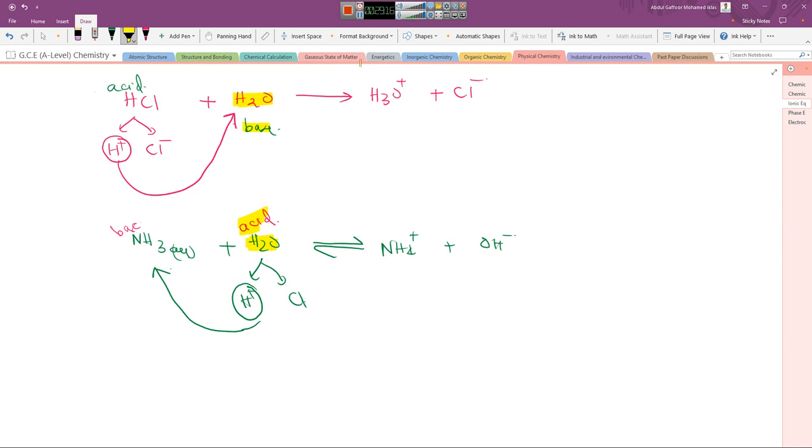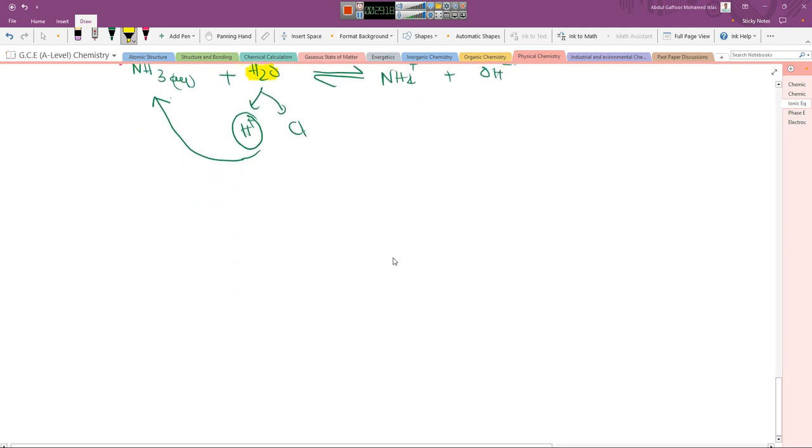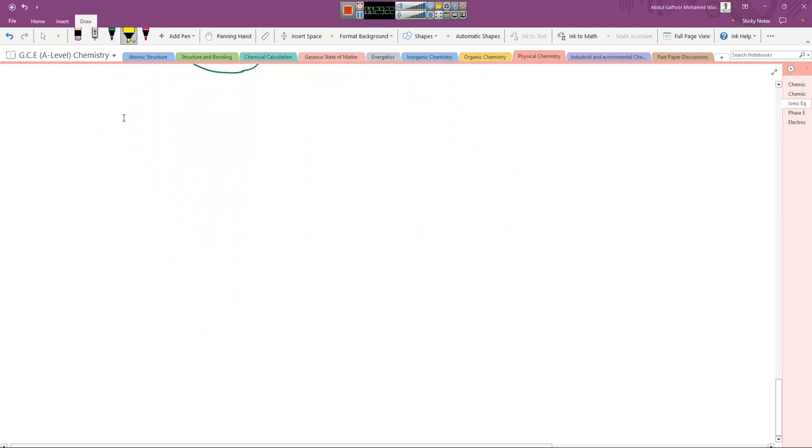Moving to the third definition of acids and bases, Lewis acids and bases. Here we have already introduced Lewis acids and bases in our second unit also.